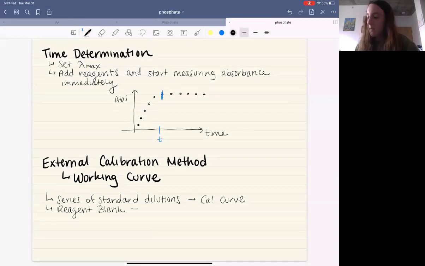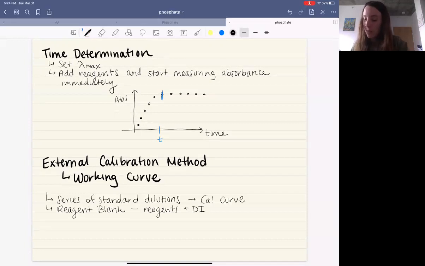Okay, so this time the reagent blank is because in this experiment, we're adding excess of all of those reactants that are needed to form this blue coordination complex. And we don't know how those excess reagents might be affecting our measurements. So we're going to have those reagents plus DI as a reagent blank that might have some absorbance.